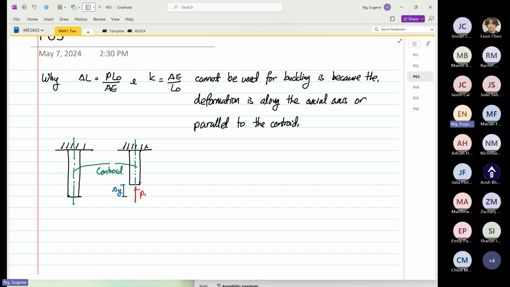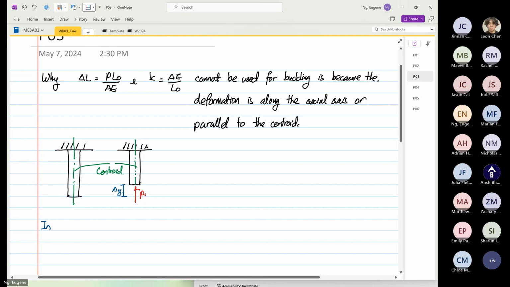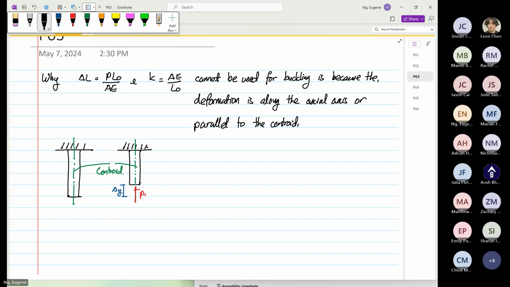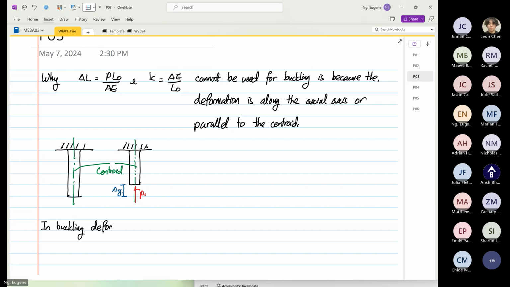However, in buckling, the deformation, or I will write down here elastic deformation, is not along the centroid.